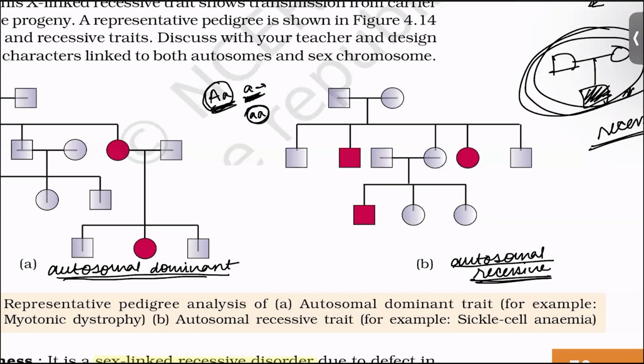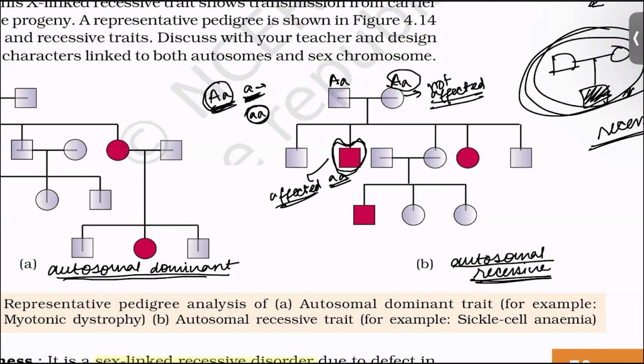So for this child to be aa, their parents must be Aa and Aa. These parents are not affected but have an affected child, so both of them must be heterozygous in order to produce this.